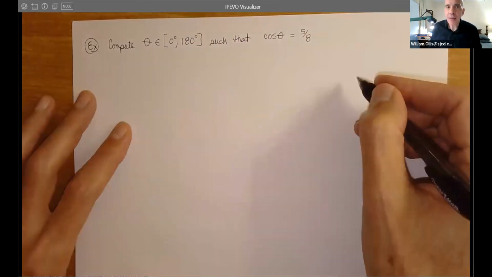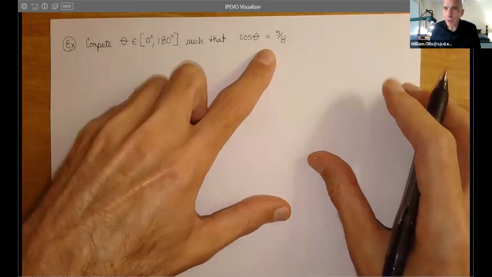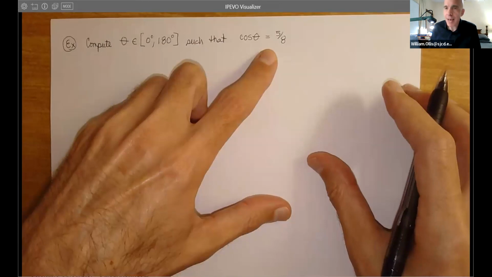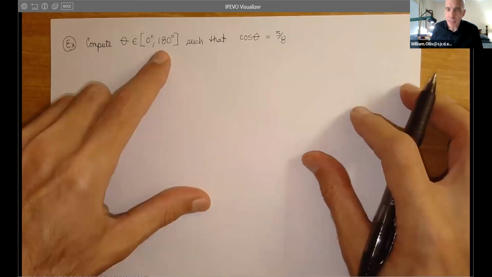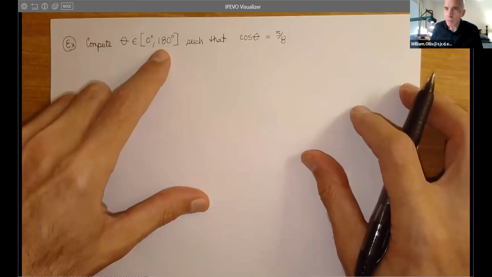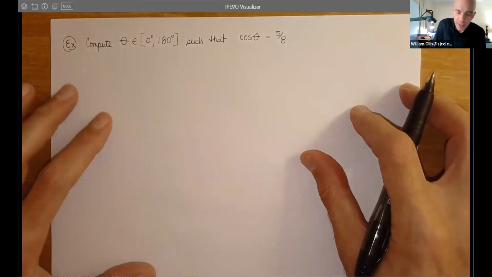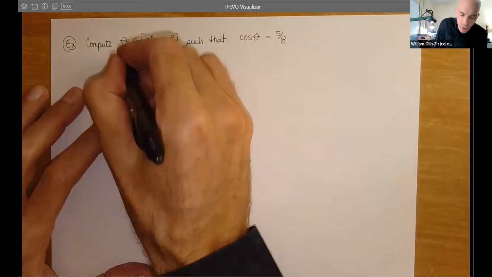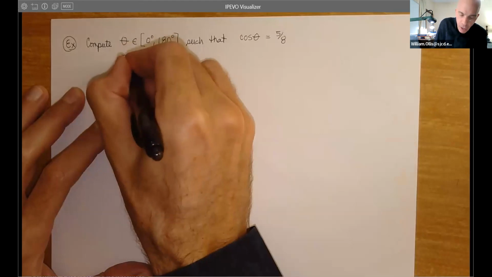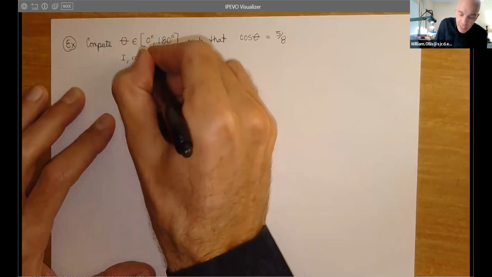Now the thing that we look at here is we have to decide, okay, this encompasses the first two quadrants. And so we're thinking, in quadrant 1, cosine theta or x is positive.